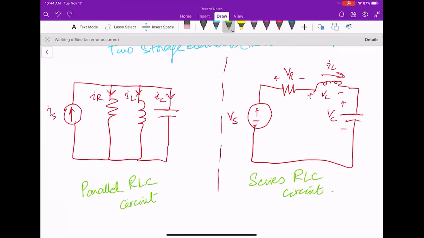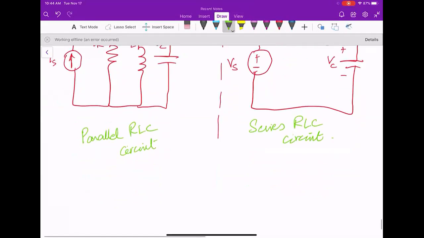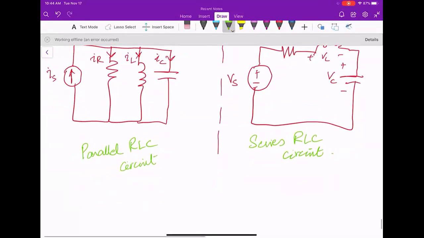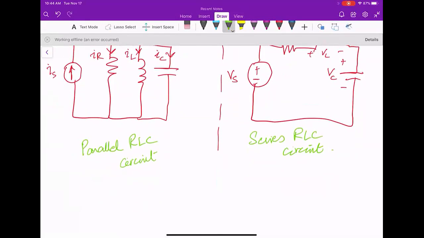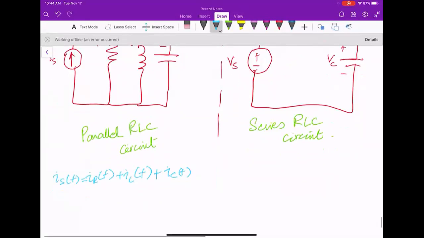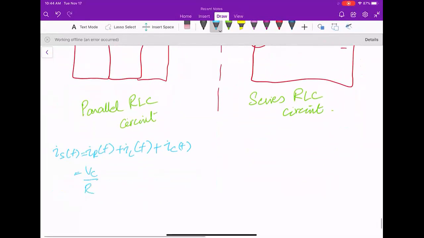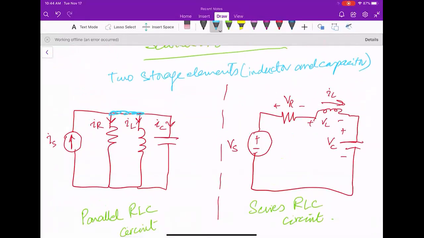So if I write the equation of the parallel RLC circuit, I will of course use the KCL equation, and that will be IS of t is equal to IR of t plus IL of t plus IC of t, which is VC by R. Okay, so now this whole node is the same. So here it could be V of t, and they are saying VC of t, it doesn't matter because this is the same thing.